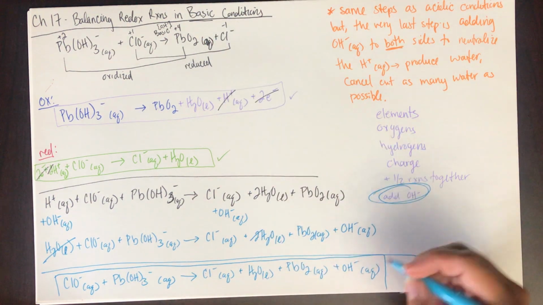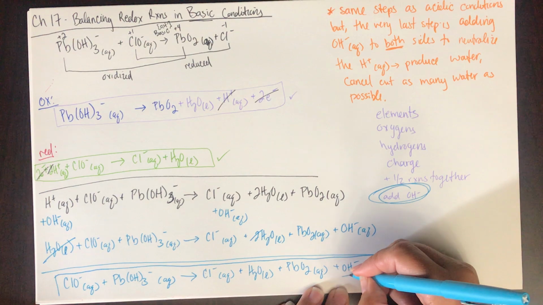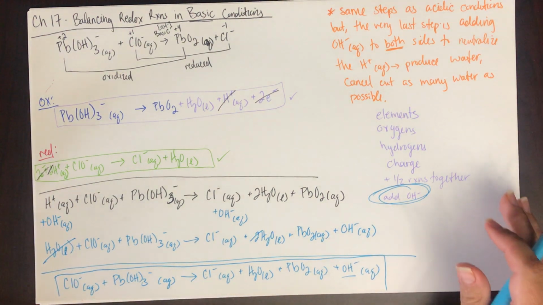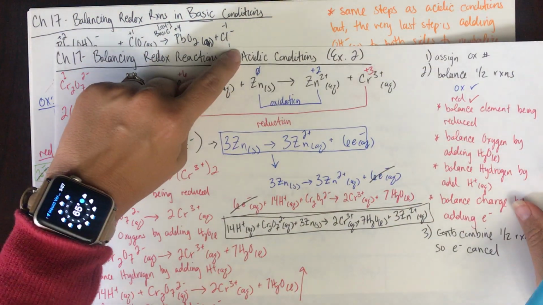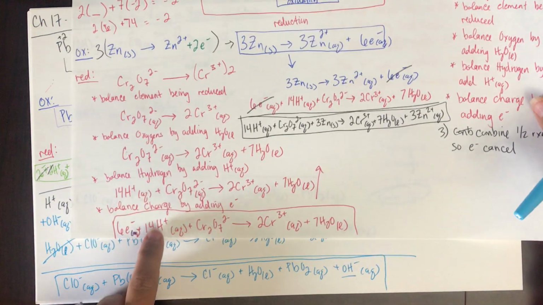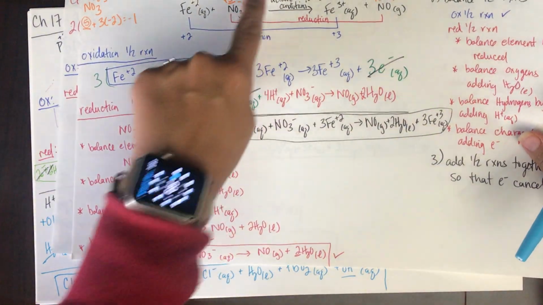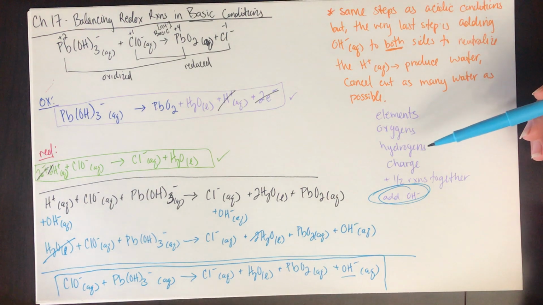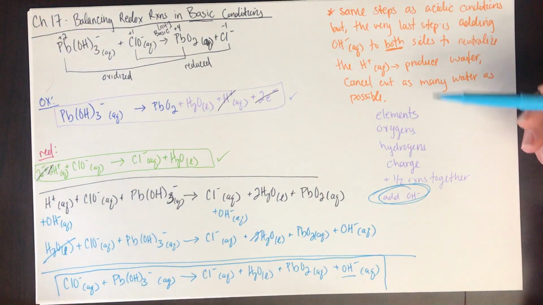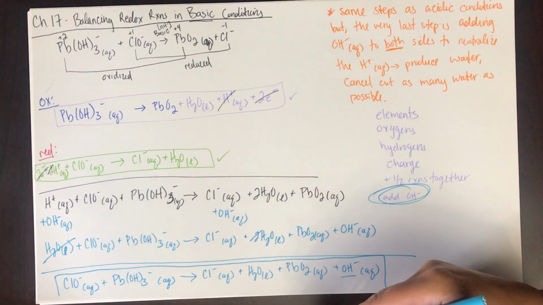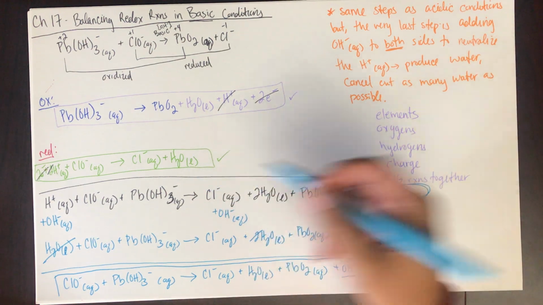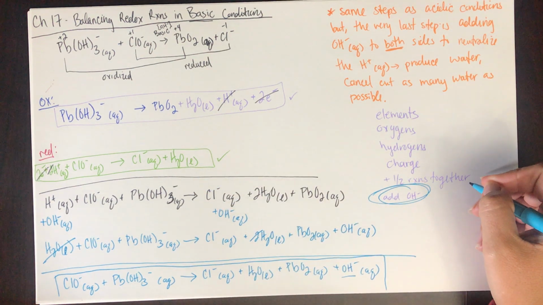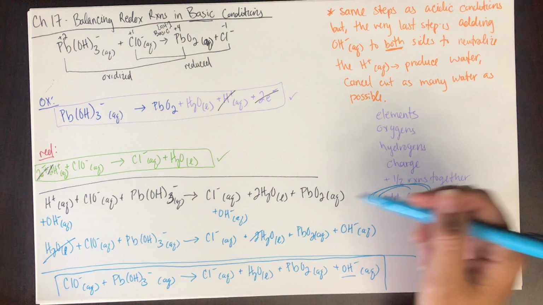If it's a basic condition, then you will see a hydroxide in the balanced equation, just like if it's an acidic condition, you will see hydrogen ions in the balanced equation. The difference between the basic condition rules and the acidic condition rules is that you go all the way to the end, after you've added the two half reactions together to get rid of the electrons.